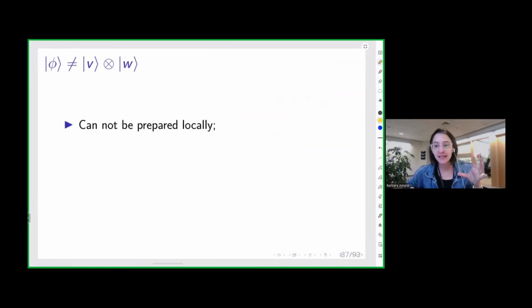Okay. So basically, what this means is that this state cannot be prepared locally. What I mean by locally is each part acting on its own qubit. There needs to be some type of physical interaction between the qubits, even if it's not direct.